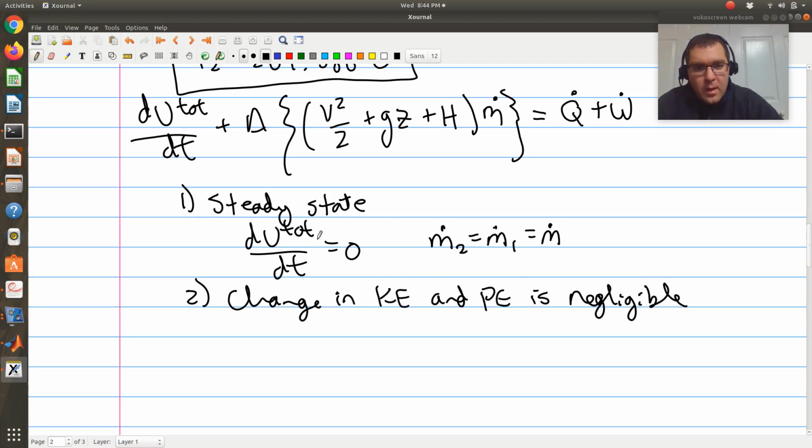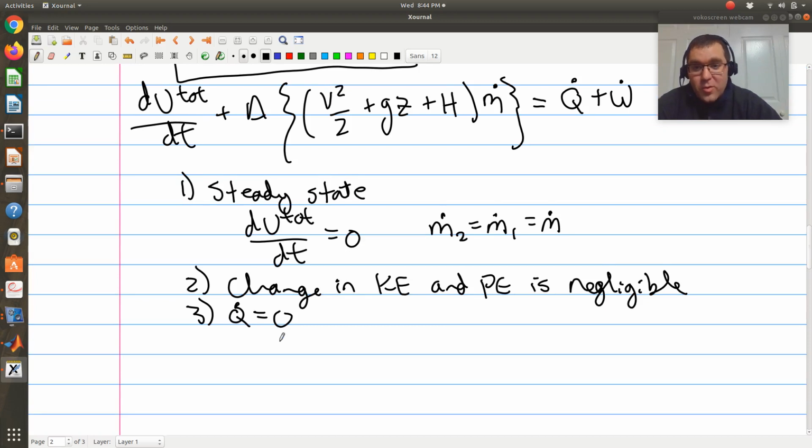And third, we're told that our system's insulated, so just as we've already assumed, Q dot is equal to 0. My system's adiabatic.